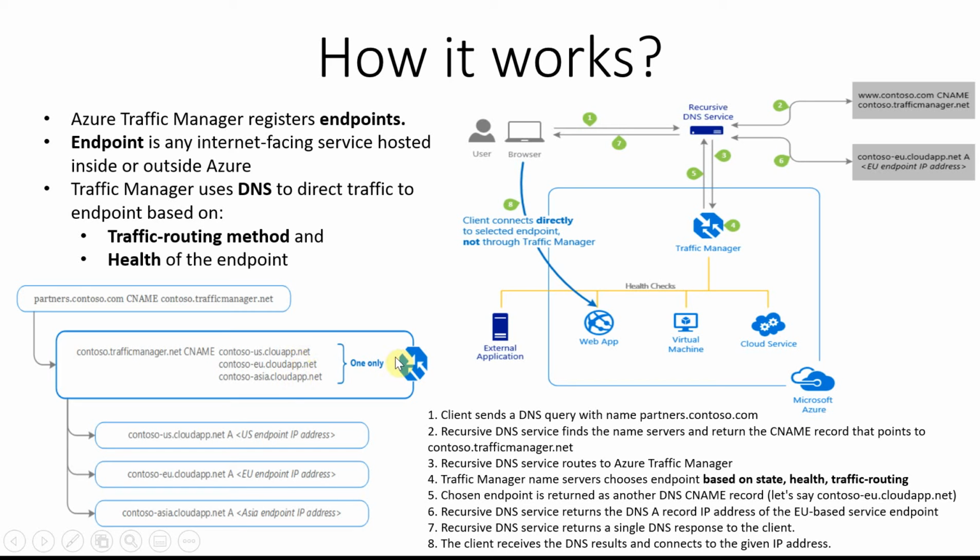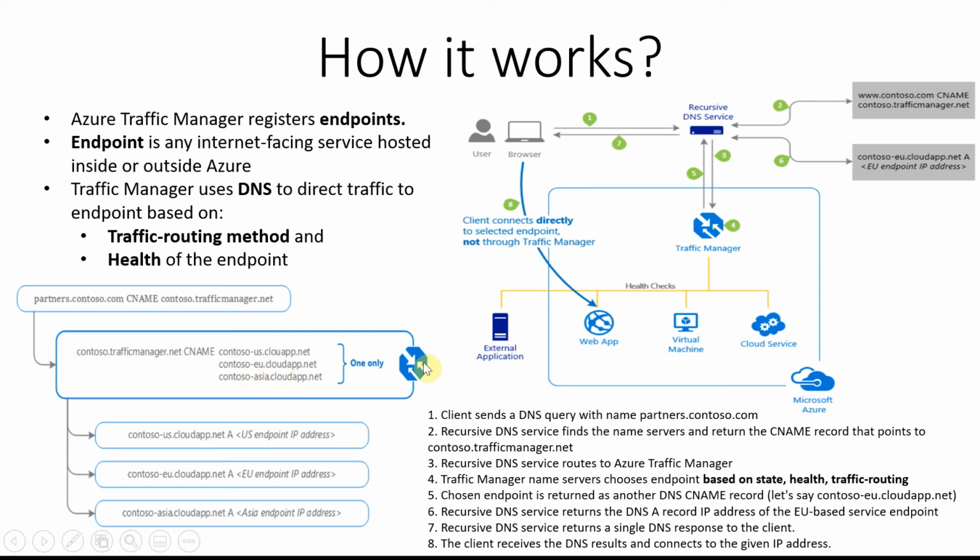To decide one out of these three, it needs some inputs. These are two inputs. It will apply the traffic routing method. There are a lot of options in this traffic routing method, so you should tell what rule to be applied to route the traffic.